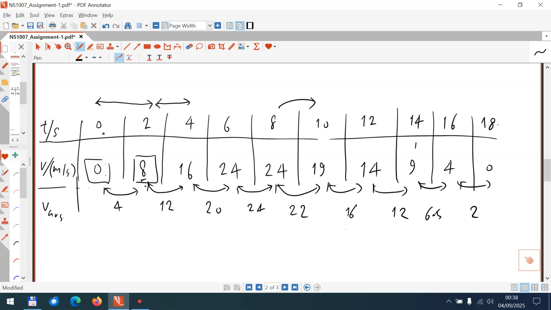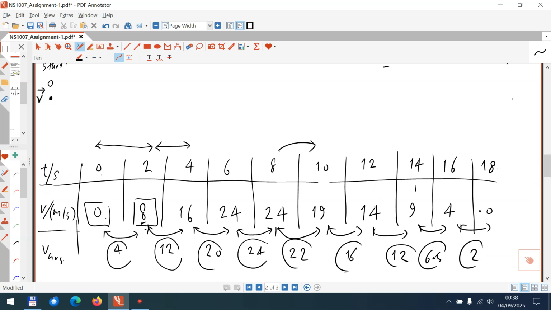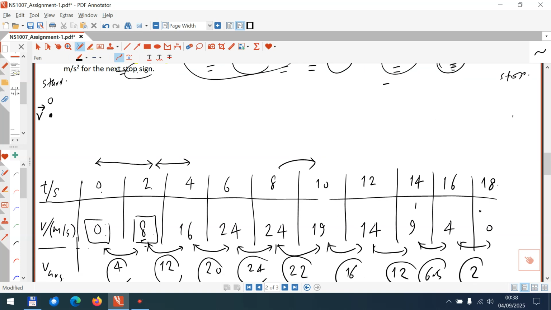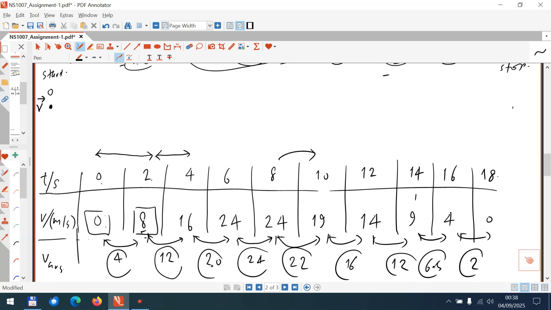So for the interval between frame 0 and frame 2, we will use this average. For the interval from frame 2 to frame 4, we will use this average, and so on. These are the average speeds which will be used to draw the motion diagram. Of course, we're not drawing numbers, we will be drawing arrows, but these will give us an indication of how long the arrows should be.